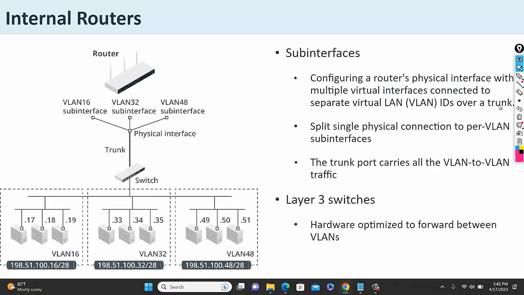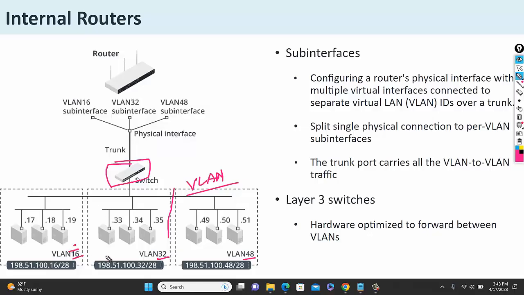But in a VLAN they are virtually separated. They are not really separated, they are virtually separated. It is called VLAN. So VLAN number 16, VLAN number 32, VLAN number 48. Different VLANs are connected with the same switch.